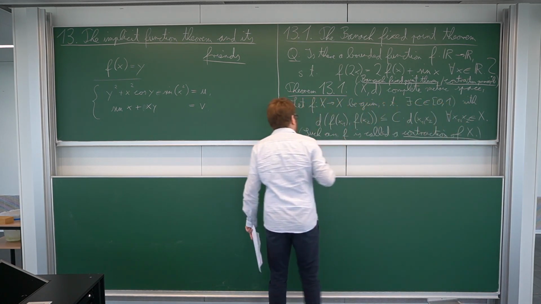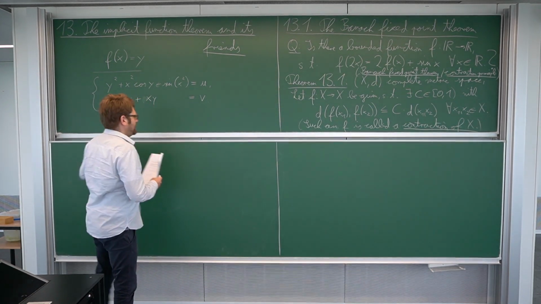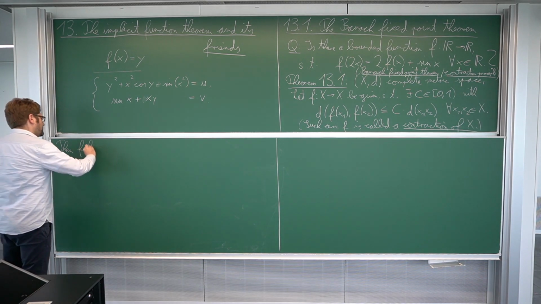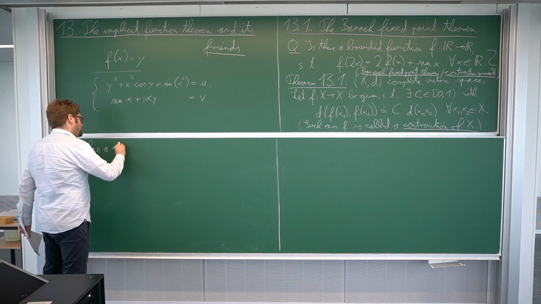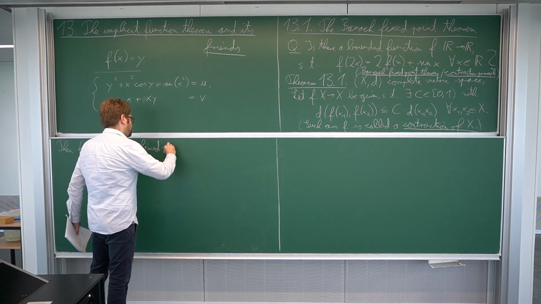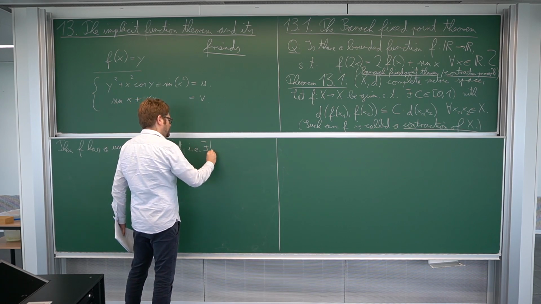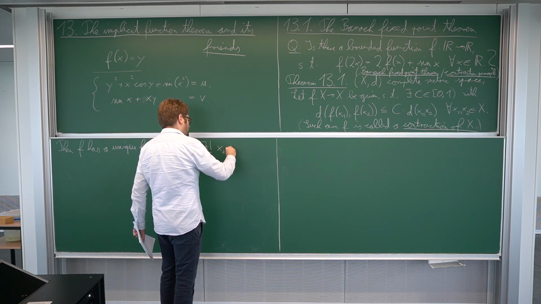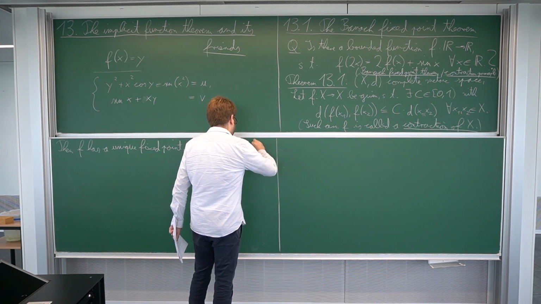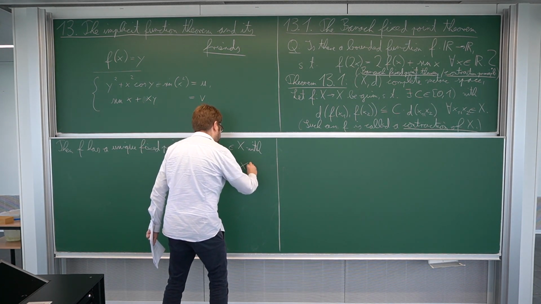So if we have such a Lipschitz continuity condition with constant smaller than 1, then the conclusion is that f has a unique fixed point, and I will define what this is, i.e. there exists a unique point, which I shall call x star, in X, which is a fixed point, and this means f of x star is x star.